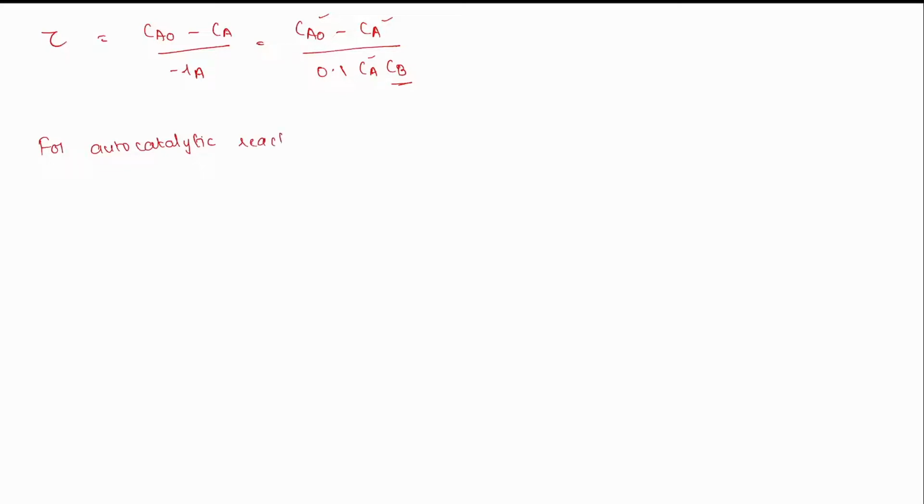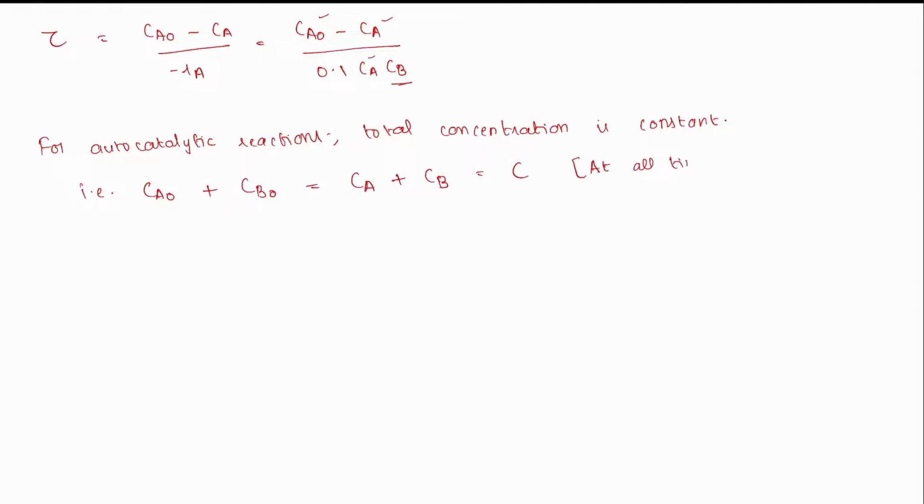For autocatalytic reactions, the total concentration in the system will always be constant at any given time. So Ca0 plus Cb0 at initial time will be equal to Ca plus Cb, and that will be equal to C, which is an arbitrary concentration value. So this equation Ca0 plus Cb0 is equal to Ca plus Cb will hold true at all times.